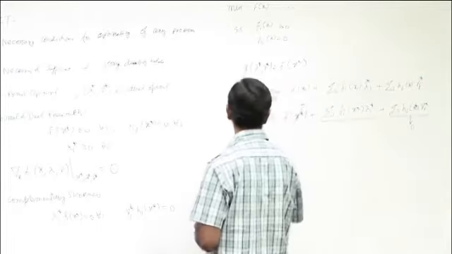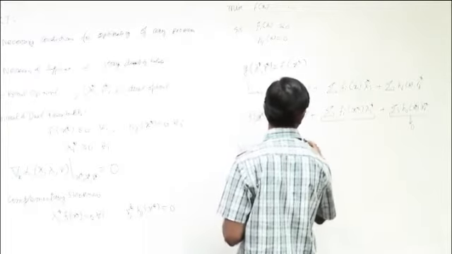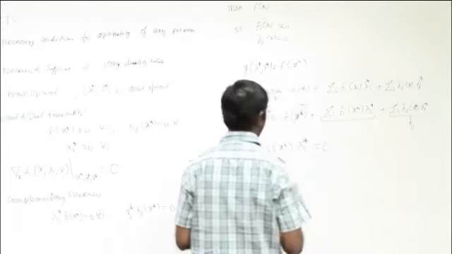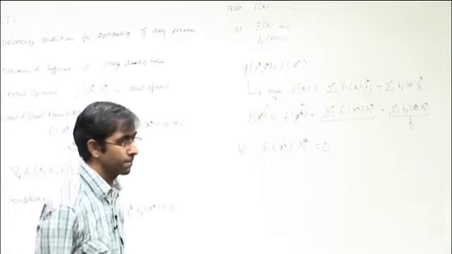That clearly implies that each one of them has to be 0. That is, for all i, f_i(x star) lambda_i star is equal to 0. And this is precisely the complementary slackness condition.